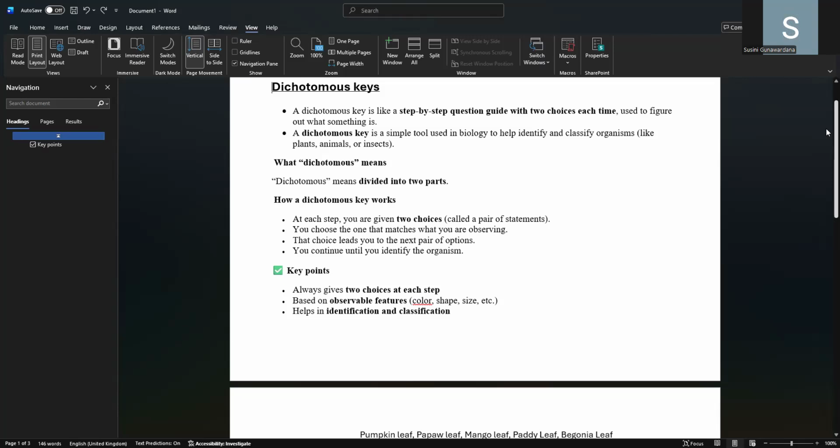According to your syllabus, we will be discussing two types of dichotomous keys. They are spider keys and numbered keys.